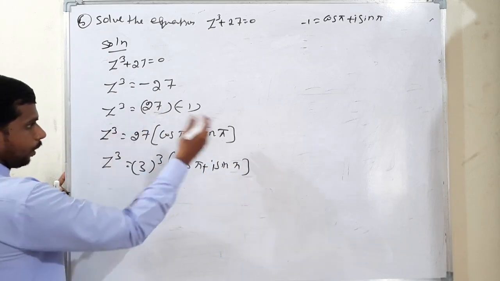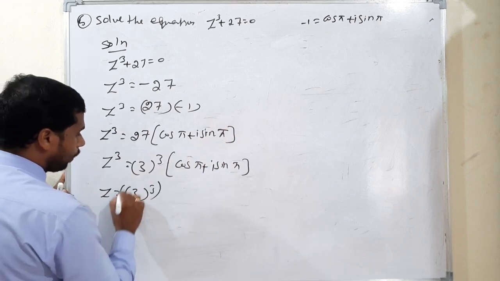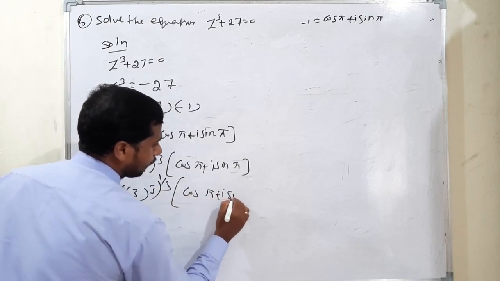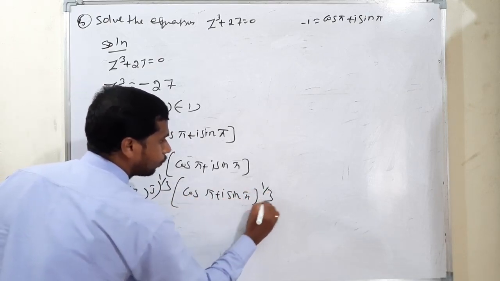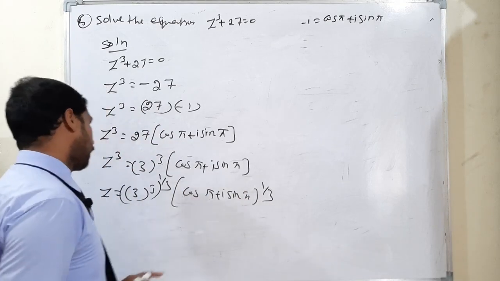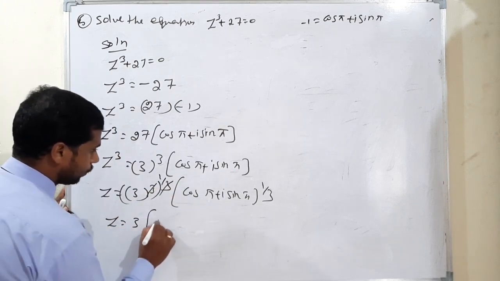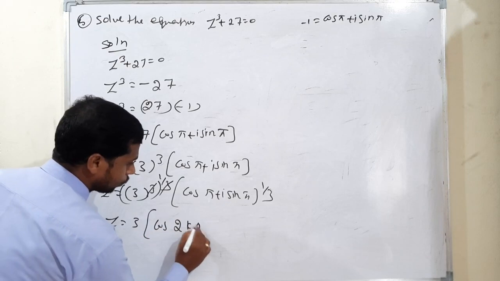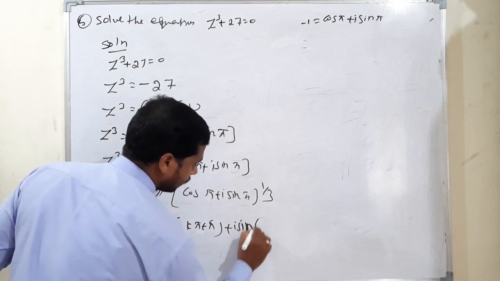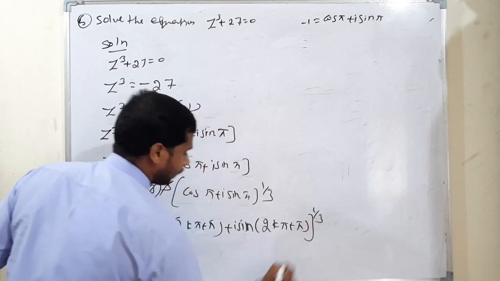So the cube goes to the opposite side, so z is equal to 3 cube, the whole power of 1 by 3, into (cos pi plus i sin pi), the whole power of 1 by 3. What is the general form? For the general term of polar form, just add 2k pi, isn't it? So 3 3 cancel, therefore z is equal to 3 into (cos of 2k pi plus pi, plus i sin of 2k pi plus pi), the whole power of 1 by 3.